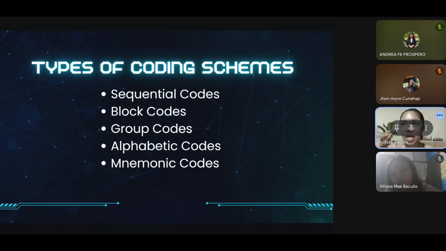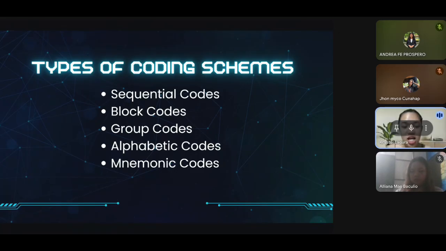Murag na siya range to categories. And then next one is group codes. Group codes combine several pieces of information into one code. This allows detailed tracking but can become complicated. Detail iyang information. Mag-combine siya og different data parts.